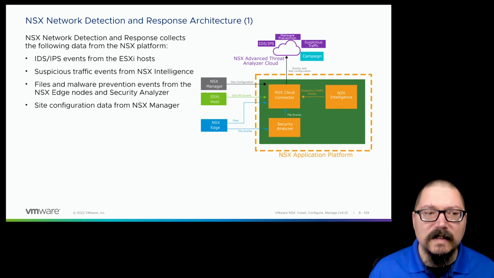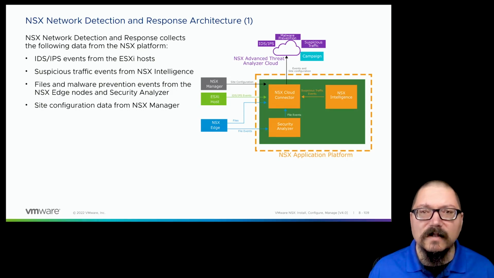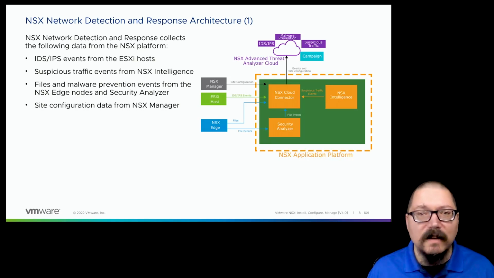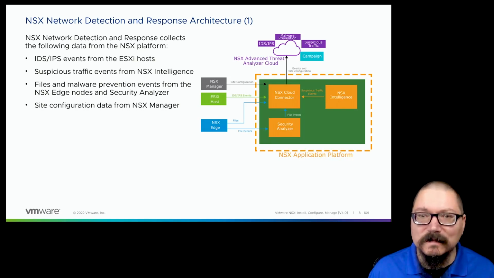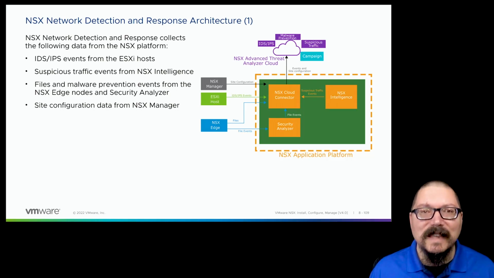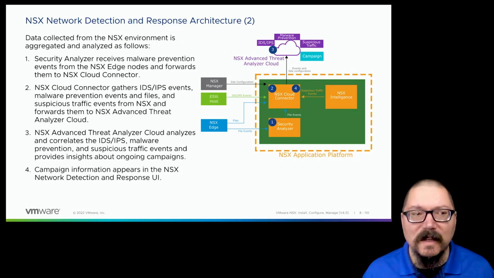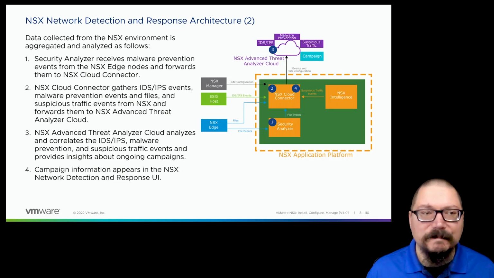We're going to feed all this information in through the security analyzer to the NSX Cloud Connector service, which is going to feed all that into the Advanced Threat Analyzer Cloud. The Advanced Threat Analyzer Cloud is then going to do exactly what its namesake says. It's going to analyze that data. It's going to look at all that data and find relationships that maybe we wouldn't otherwise see.